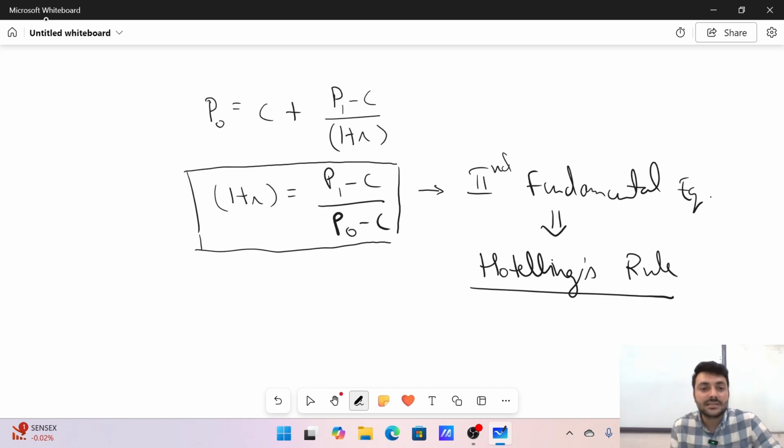And what does Hotelling's rule tell you? It says that at the optimal extraction path, I'm repeating this once again, please listen carefully. Hotelling's rule states that at the optimal extraction path, let me write this down.